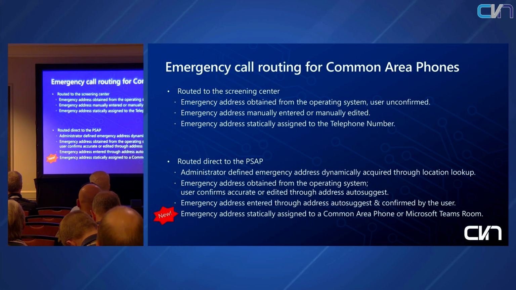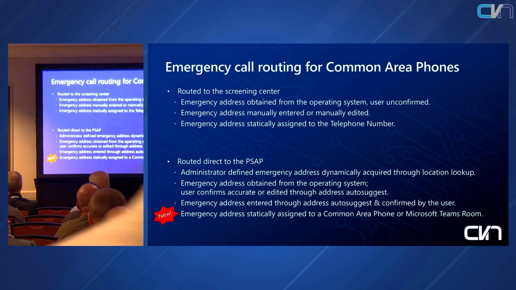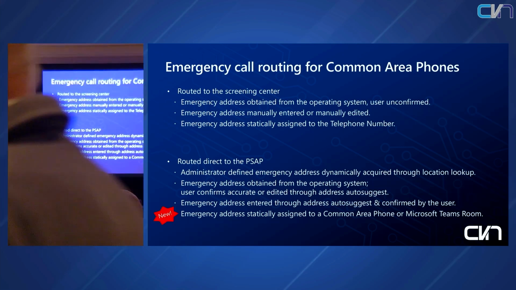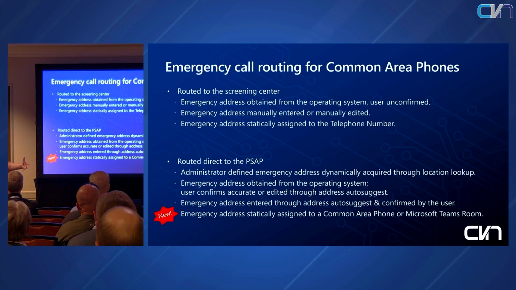The change here is that for common area phones, we're now going to route those directly to the PSAP as well. Because the idea here is that common area phones and Microsoft Teams rooms are not moving around, right? The reason we do all of this is that when I have a Teams client on a laptop or on a mobile device, that client can be anywhere.